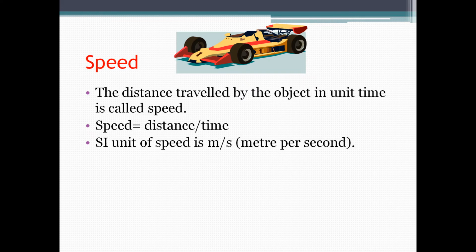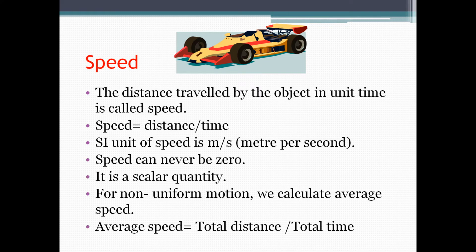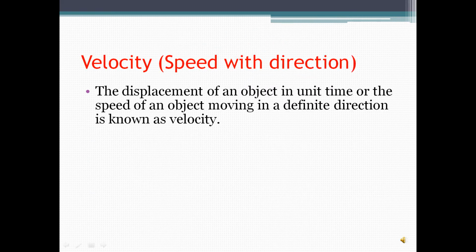There are many other units, centimeter per second, kilometer per hour, but the SI unit is meter per second. Then speed can never be zero. If an object is in motion, speed can never be zero. It is a scalar quantity, that means only magnitude is known. For non-uniform motion, we calculate average speed. Its formula is total distance upon total time.